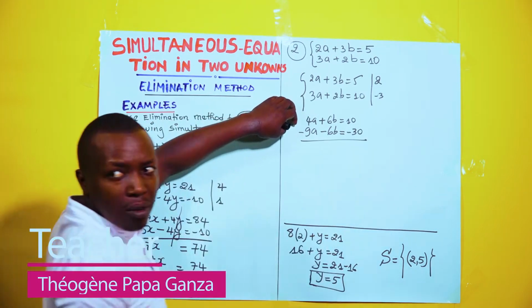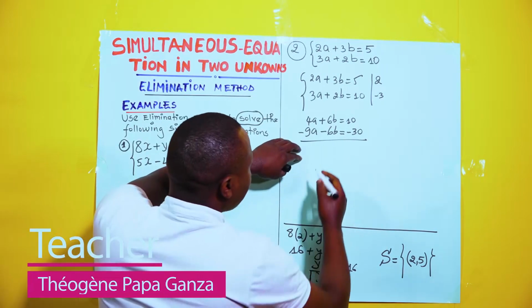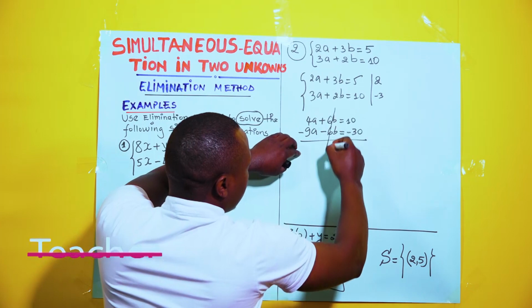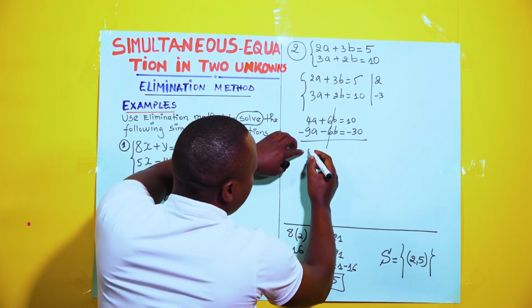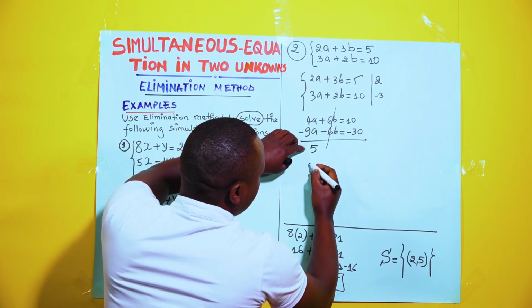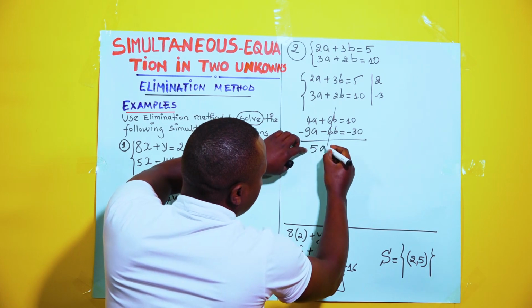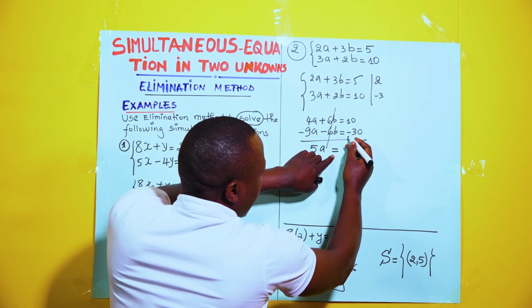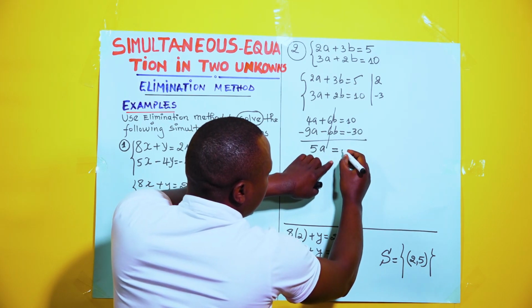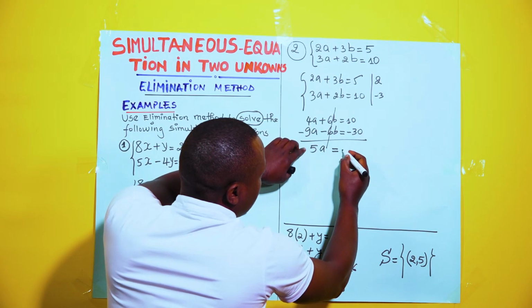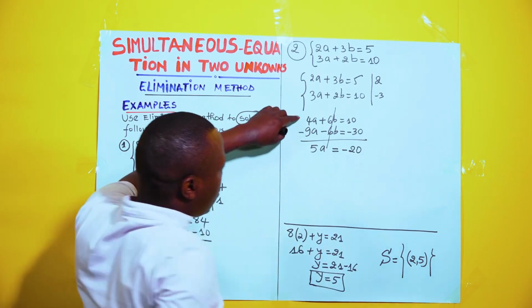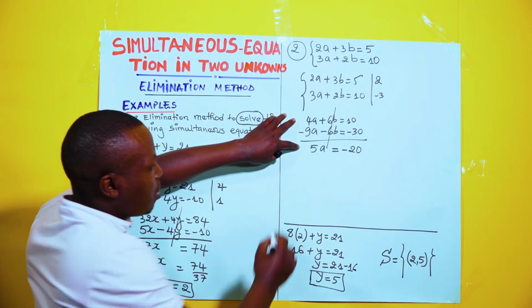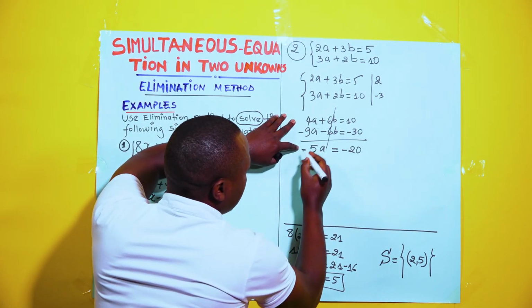So now the 6b terms will cancel each other, and it shall remain with what? 5 what? 5a equals 10 minus 30, it is negative how much? This is negative 20, but here also 4a minus 9a, it is negative 5a, right?